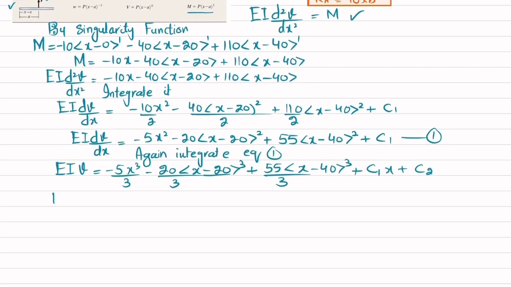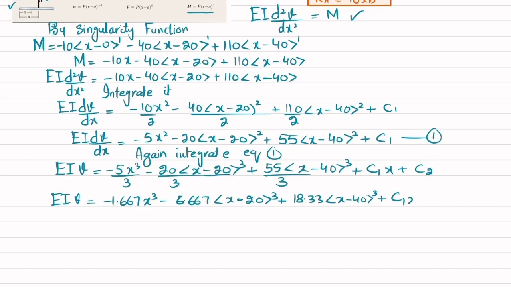And if you further simplify it, you will get EI into V will be equal to minus 1.667 x cube minus 6.667 into x minus 20 whole cube plus 18.33 into x minus 40 whole cube plus C1x plus C2. Let this be your equation number 2.